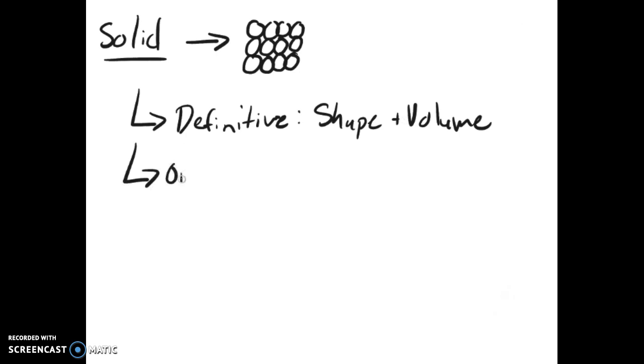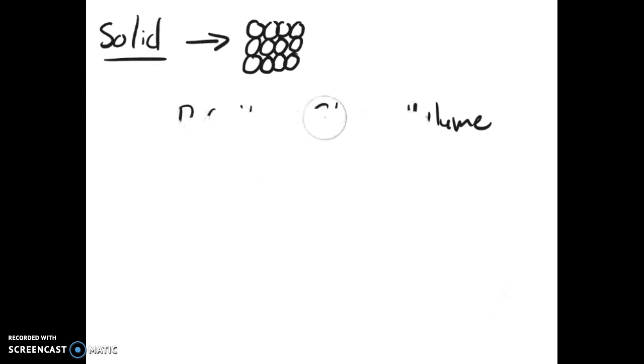Like we talked about, they are orderly and geometric, and have repeating patterns, and some have crystalline structures. Solids are pretty easy. It's kind of strange to think about a solid moving, but nothing's ever completely still.